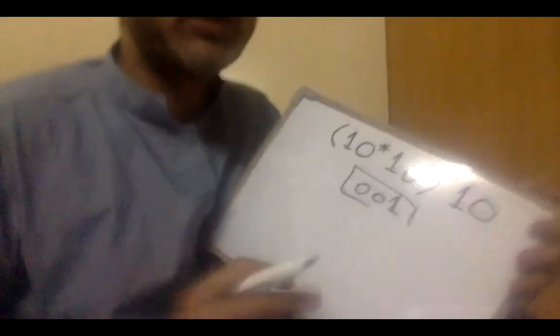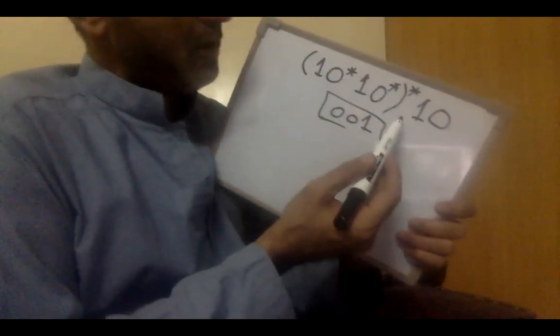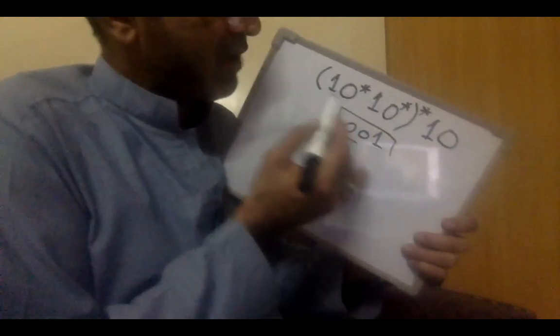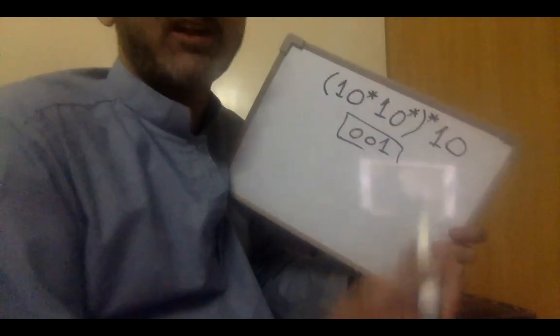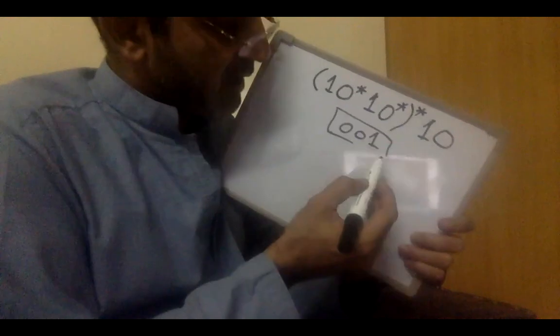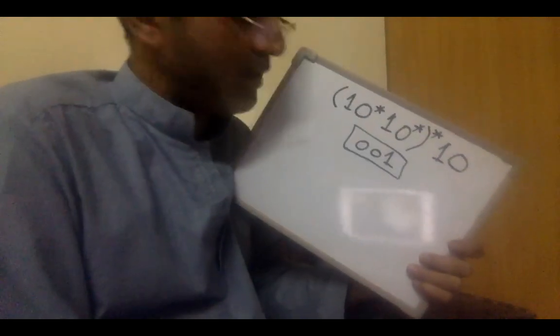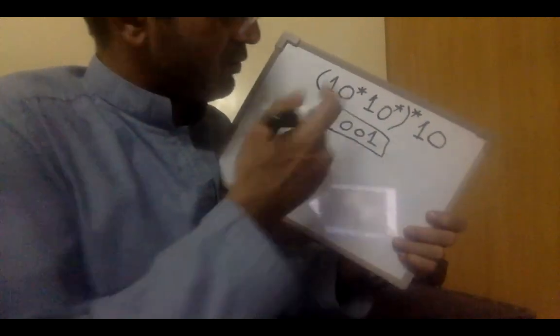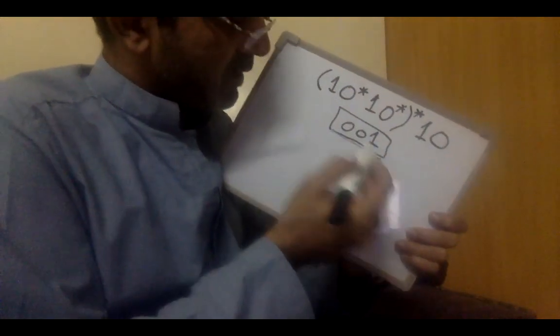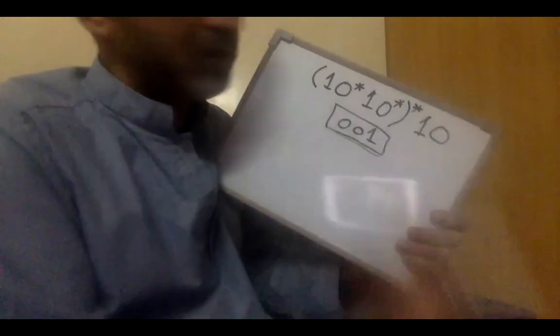We are claiming that this regular expression is correct. If it is correct, then this valid string must be accepted by this regular expression. So how can I check that?